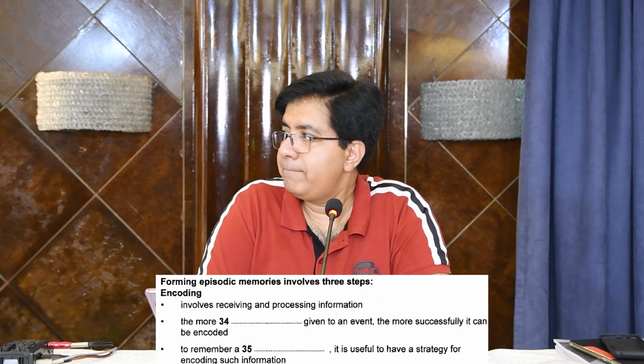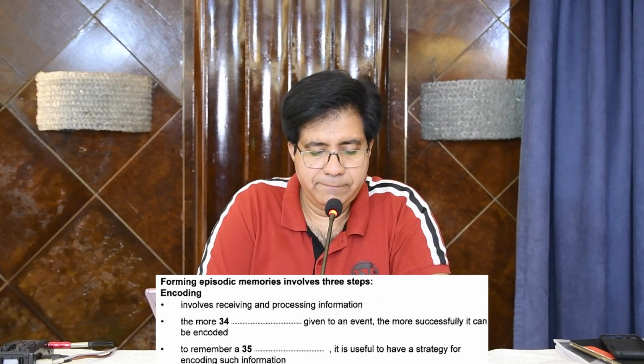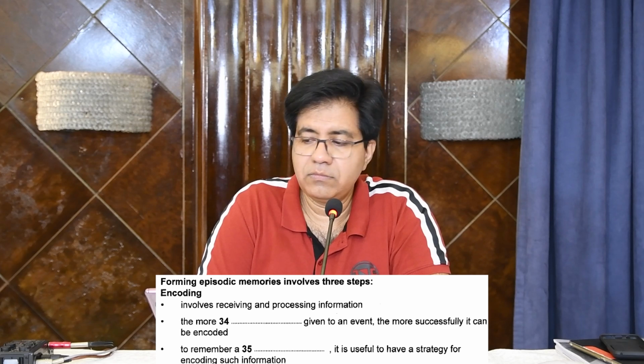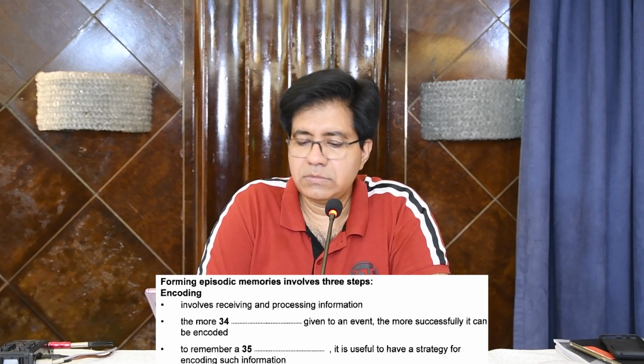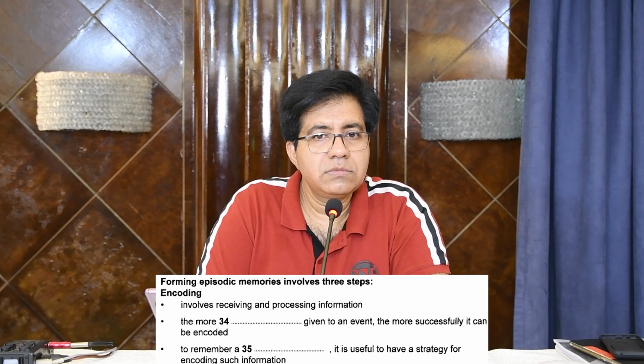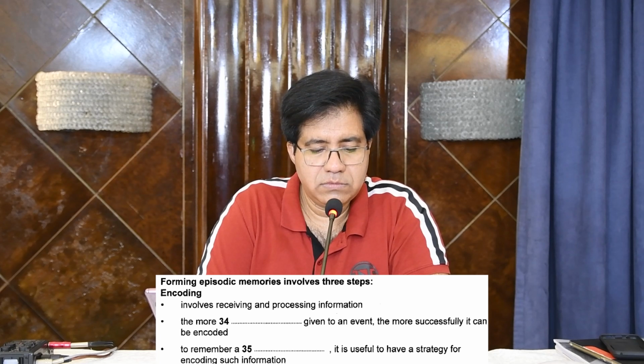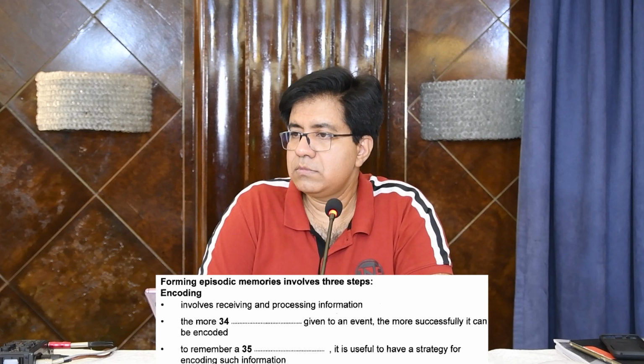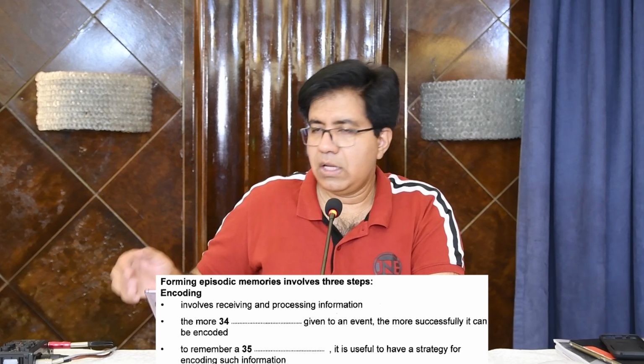This involves the process of receiving and registering information which is necessary for creating memories of information or events that you experience. The degree to which you can successfully encode information depends on the level of attention you give to an event while it's actually happening.